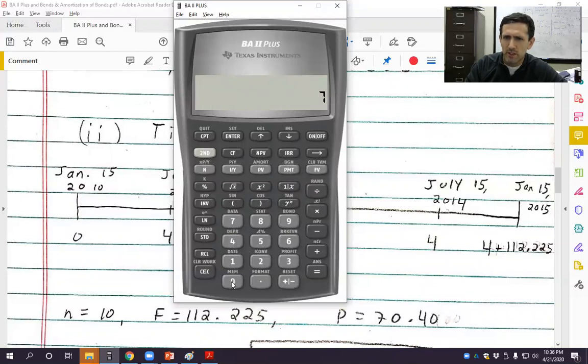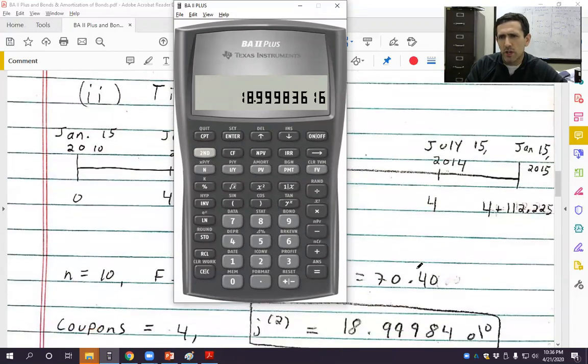Sorry about that. It's kind of late here, so going on autopilot. Enter this present value. Compute IY, and again, multiply by 2 to get a nominal semi-annual interest rate of 18.99984, and the book just rounds it up to 19%.